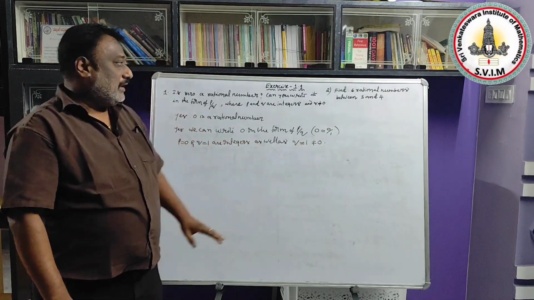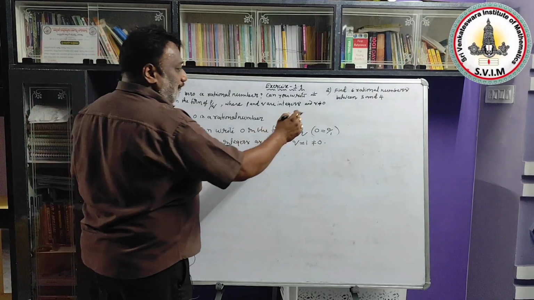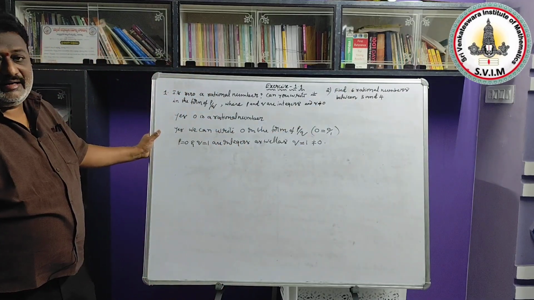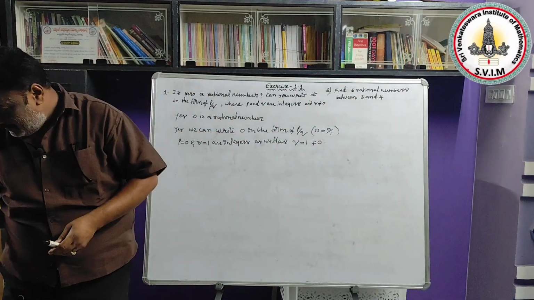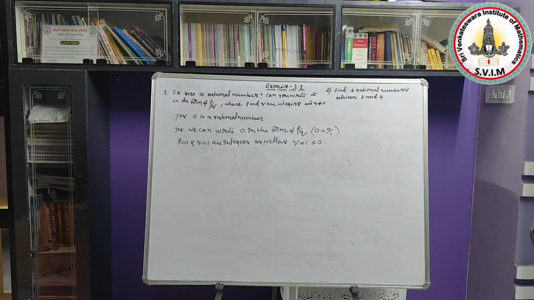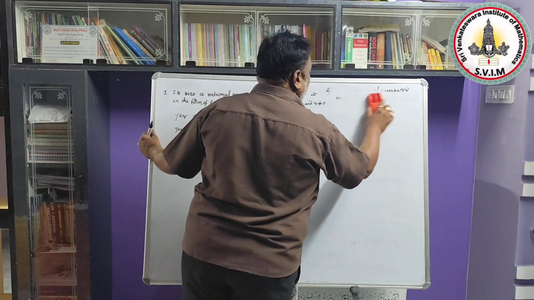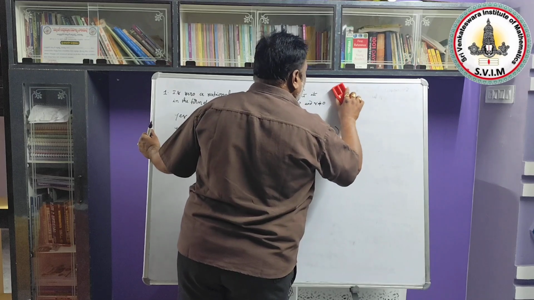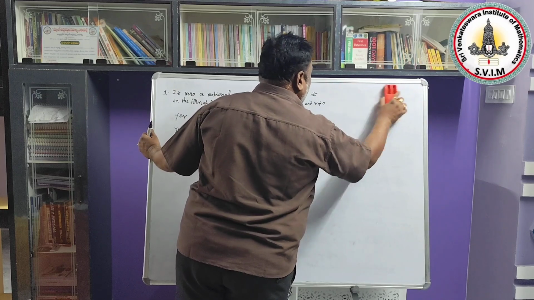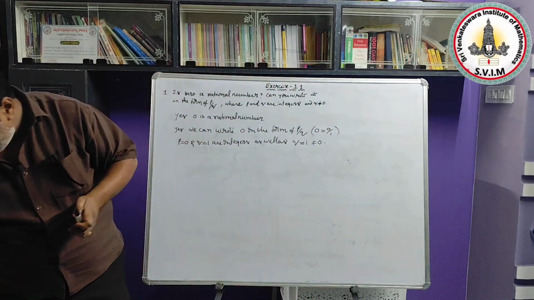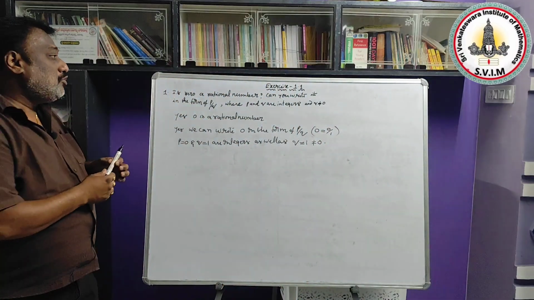That's all. Okay, next, second question. Find 6 rational numbers between 3 and 4. If you want to find whatever number of rational numbers you have been asked in the question, first of all we have 2 methods.